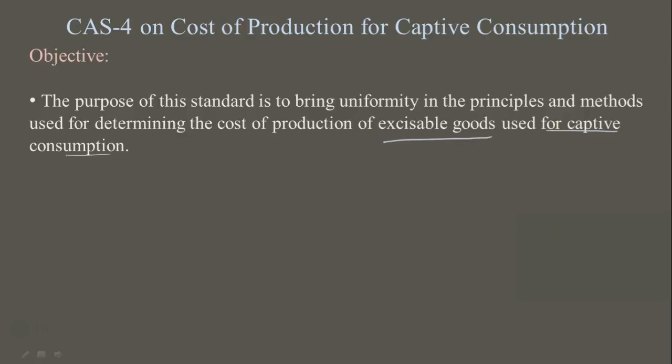This is the main objective of this standard, because each and every person is following their own methods, whatever they understand. But when the government wants to bring uniformity in the principles and standards, they prepare Cost Accounting Standard 4 for the calculation of cost of production for captive consumption.